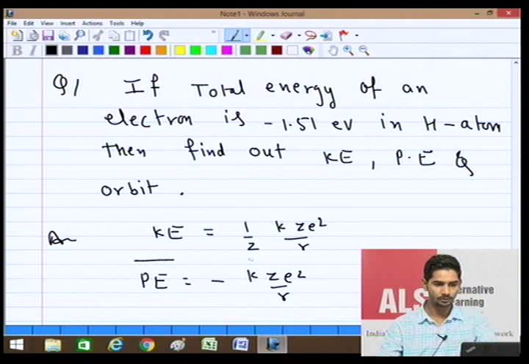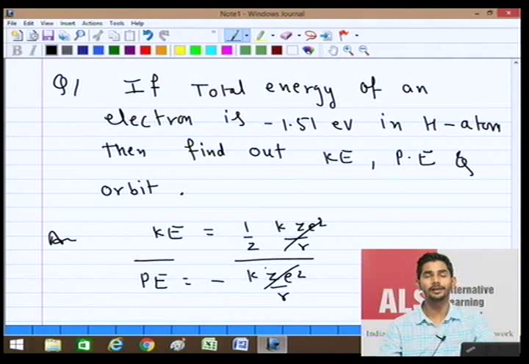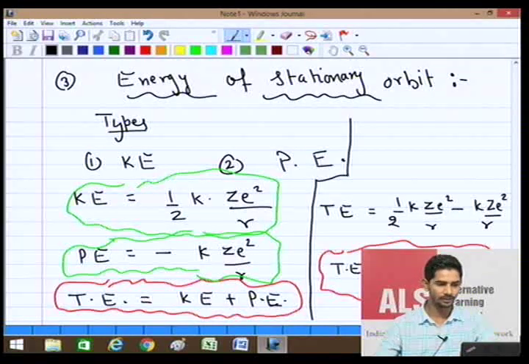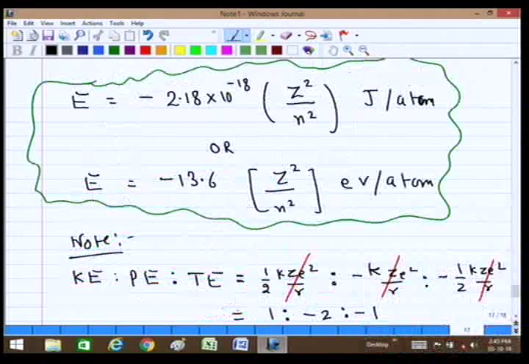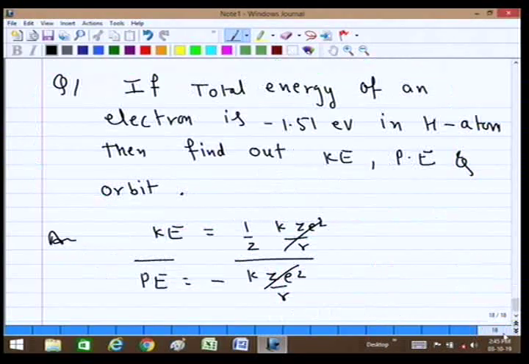If I put these into the ratios, this will get cancelled out and I'll get a relation between kinetic energy and the potential energy. I have already given this relation to you. If you don't want to use it, you can derive it using this phenomenon.